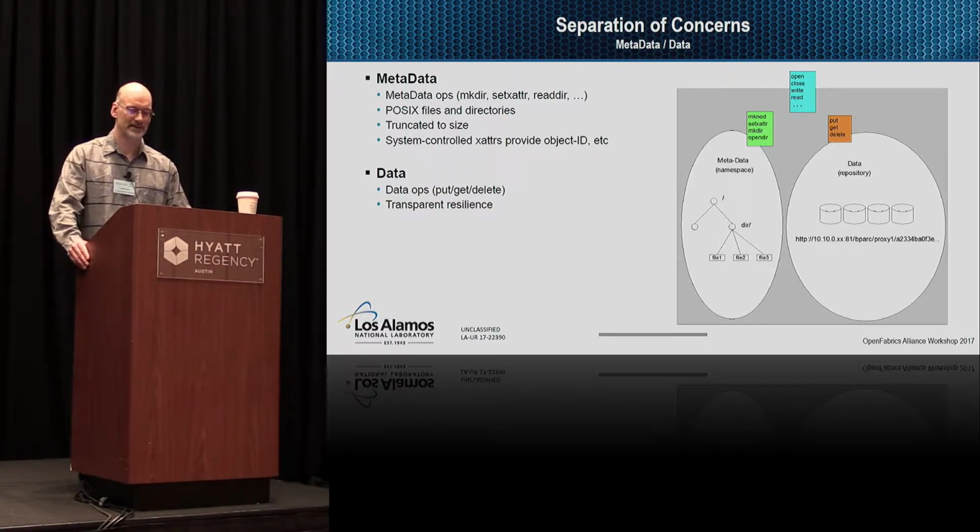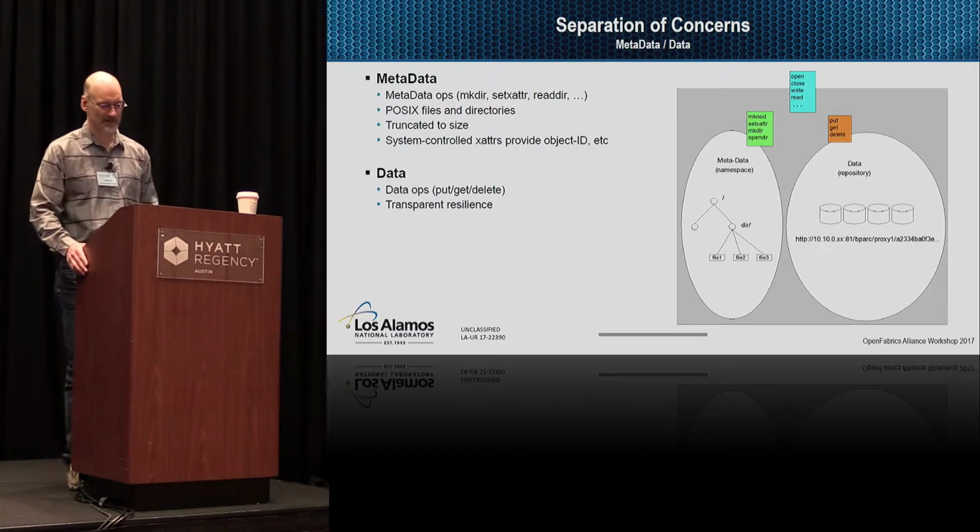They're truncated to size, but they have xattrs that are object IDs pointing off into the data repository, which is by default an object store, a commodity object store, and the cost effectiveness there is that we can use cheap disks in the object store, and we get our resilience through erasure coding that's provided by the object store system.